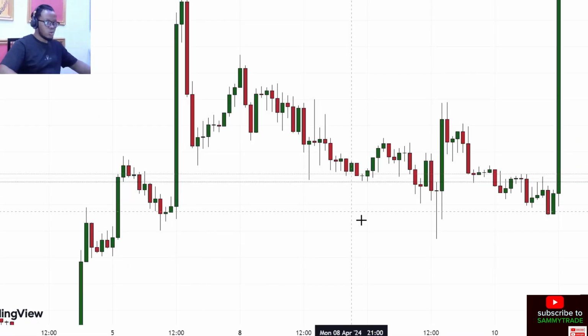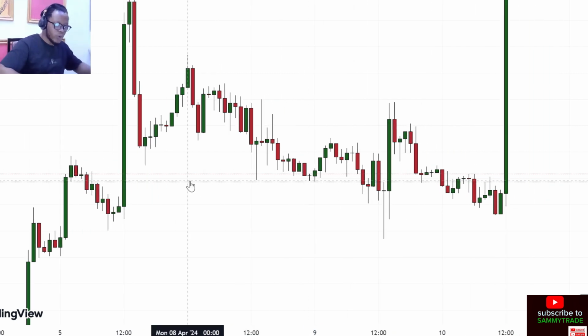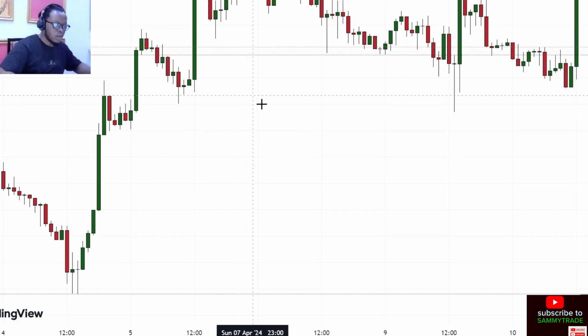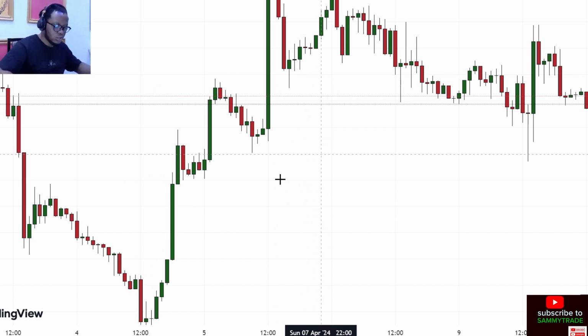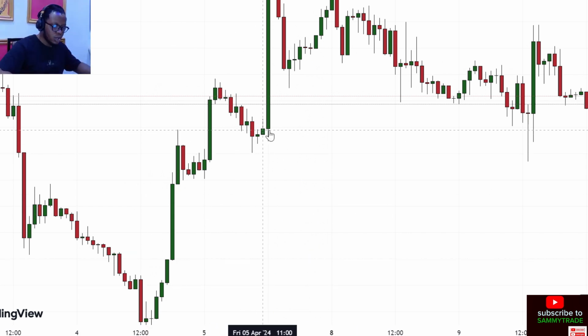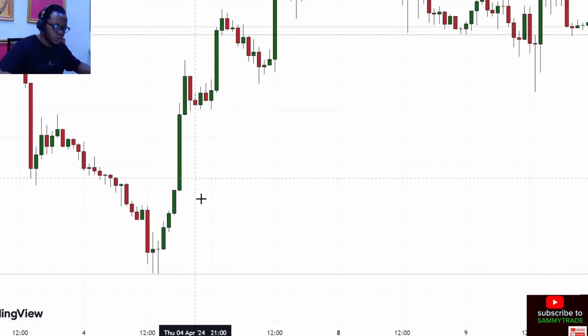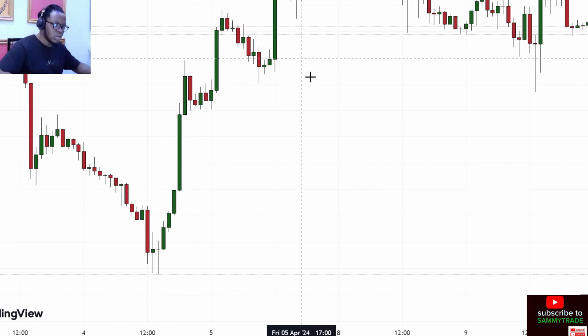All right, guys, so this is another example. As you can see here, we have a huge buying pressure at this point. First of all, what you understand is that there are multiple buying pressures at this point. This is a huge buying pressure, this is another, and this is another.